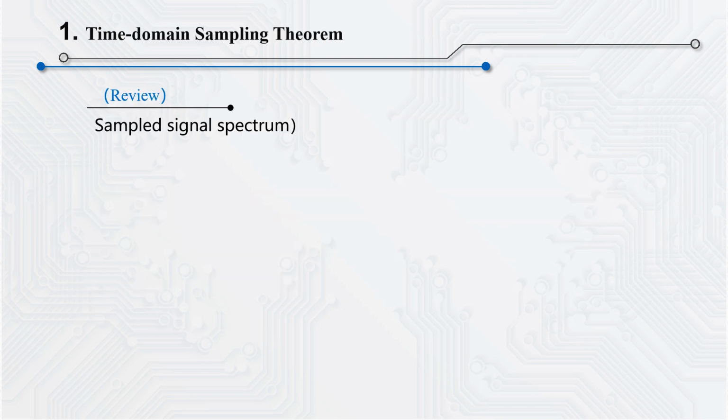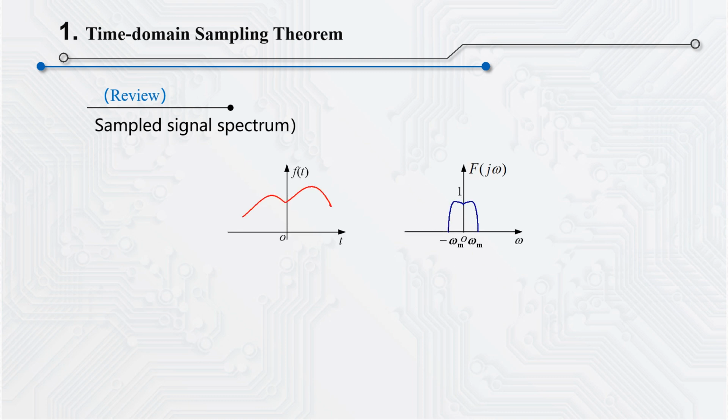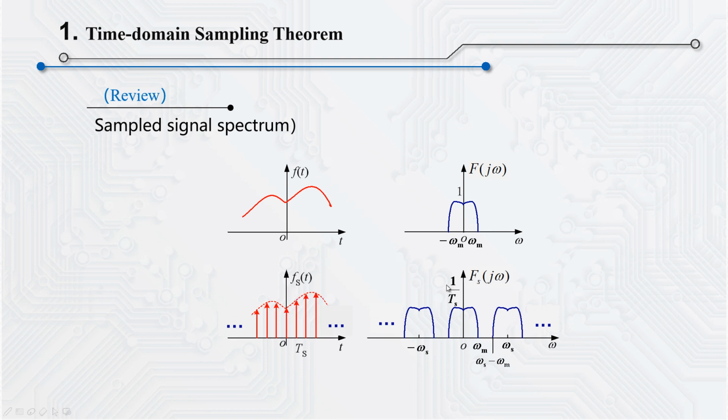Let's review the spectrum of time domain sampled signal. You have learned in the last lesson, if the continuous signal f(t) is ideally sampled, we can get its sampled signal fs(t). The spectrum Fs(jω) of the sampled signal is periodically extended according to the frequency spectrum of the original signal F(jω).